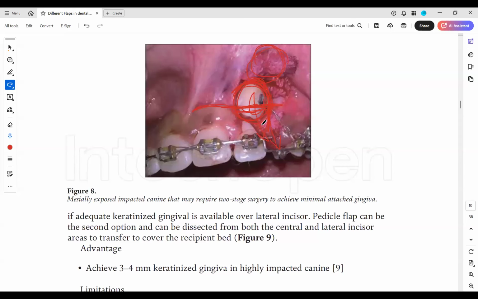But now, because the OPGs are being given, ADC is already asking you the location and the position, and based on the OPGs, asking whether surgical exposure and traction is the advised treatment, or the complete surgical removal of the canine and closing of the space orthodontically.